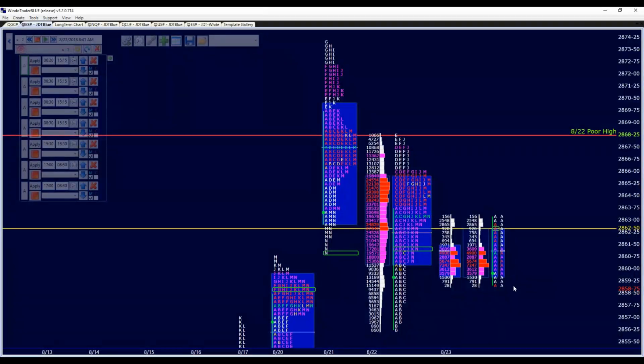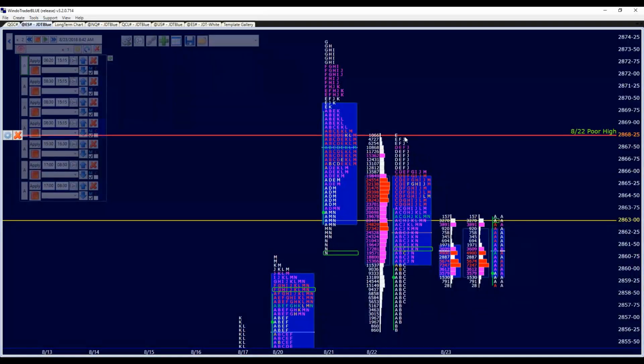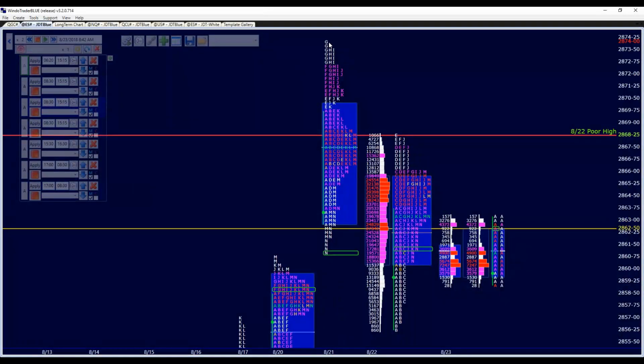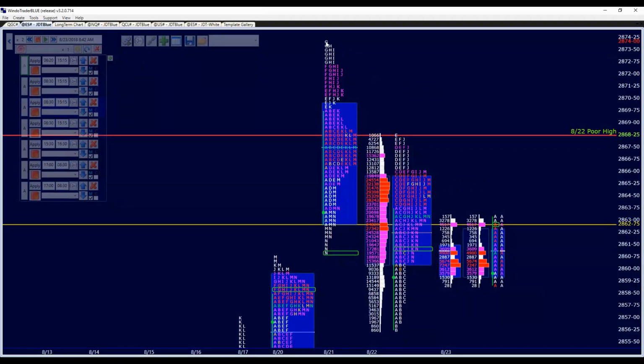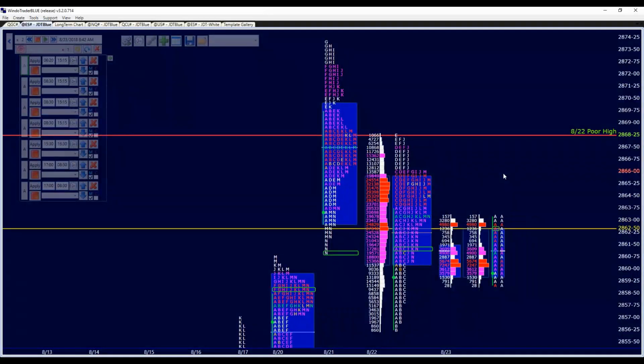You remember that we've already talked about the two poor highs, back-to-back poor highs. That gives high odds that the market will go back and revisit those highs, and in a relatively quick order. Now, remember, each of those days, the market went up to the high and traded off.